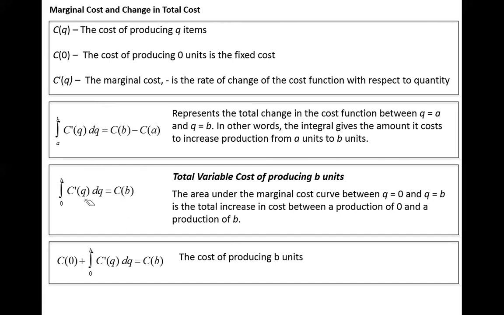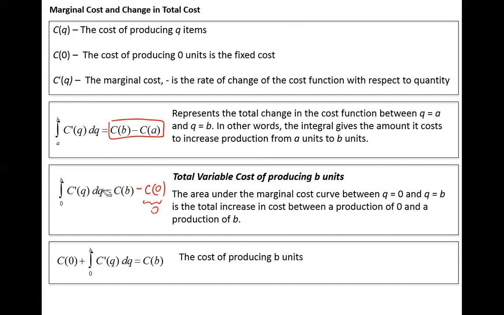Again, we have another definite integral from 0 to B of the marginal cost, C prime of Q dQ, and it's equal to C of B. Theoretically, following the fundamental theorem of calculus, I can put C of 0, but we're assuming that this is 0 at this point. Not always, but at this point.